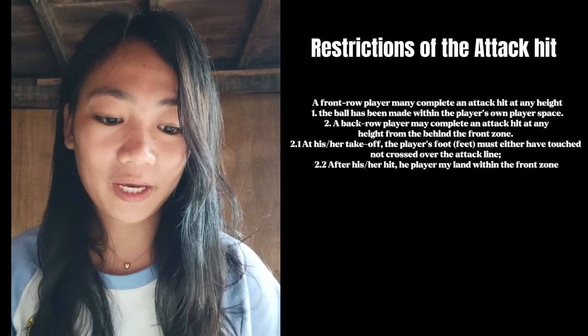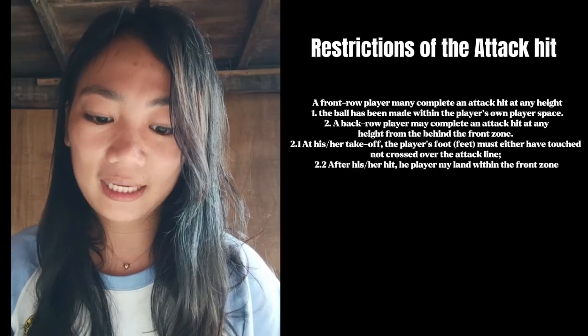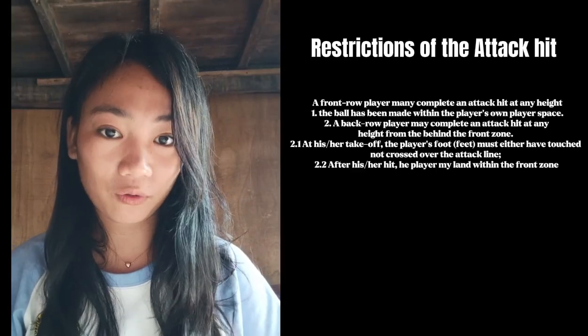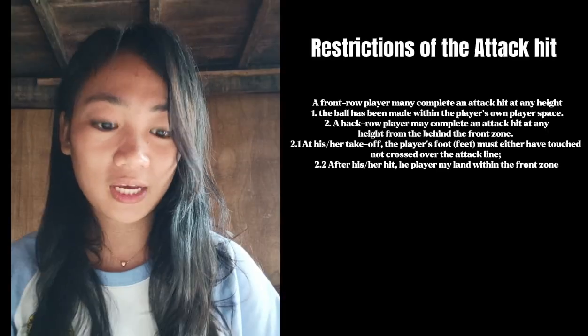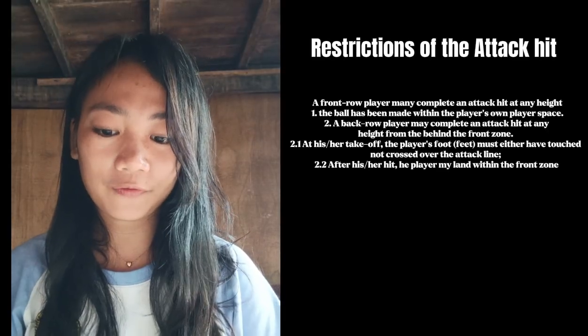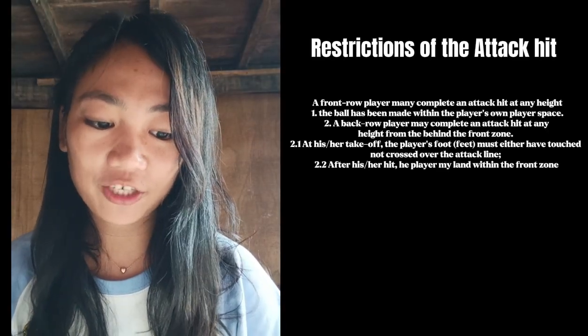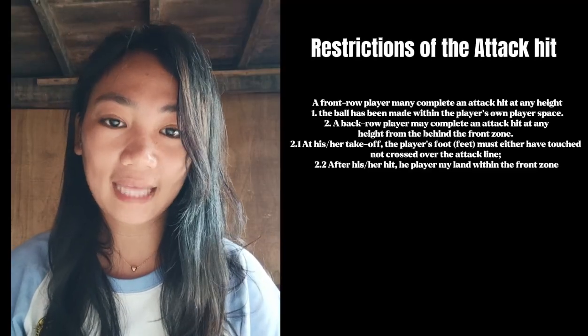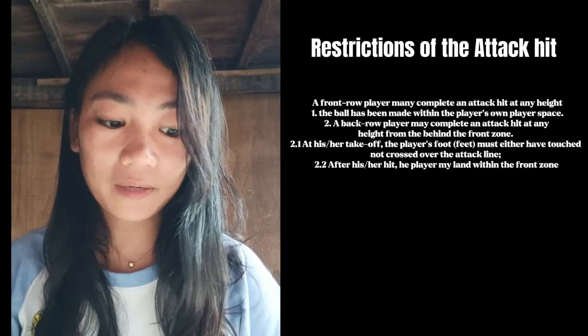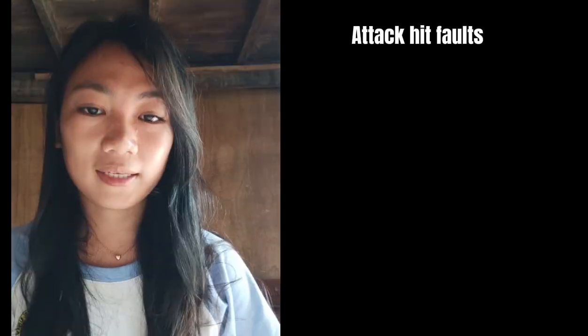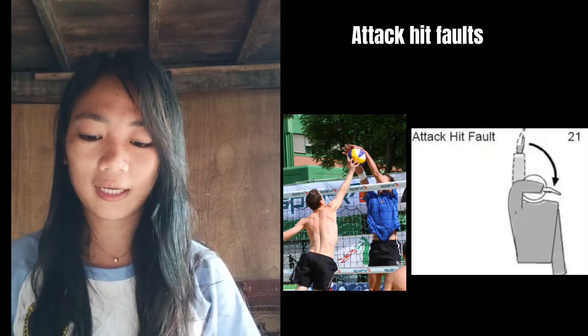Second, the back row player may complete an attack hit at any height behind the front zone. When the player takes off, the player's foot must either have touched, not crossed, the attack line. After the hit, the player may land within the front zone. Next are the attack hit faults.